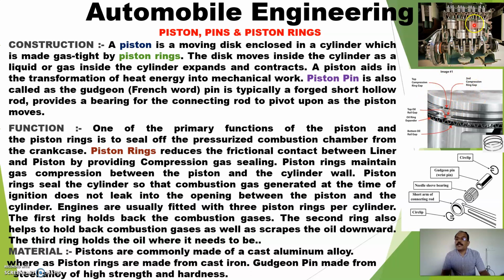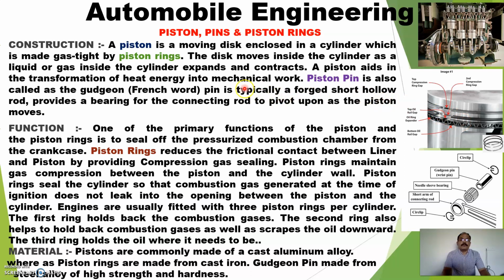Whatever expansion is taking place at the top side of this piston, meaning combustion of gases, will create a force on the top side of the piston, and this piston will come down by sliding over the inner wall of the sleeves, which we saw in the earlier slide. Only these piston rings will come into contact with the cylinder wall. The whole piston will not be in contact with the cylinder wall.